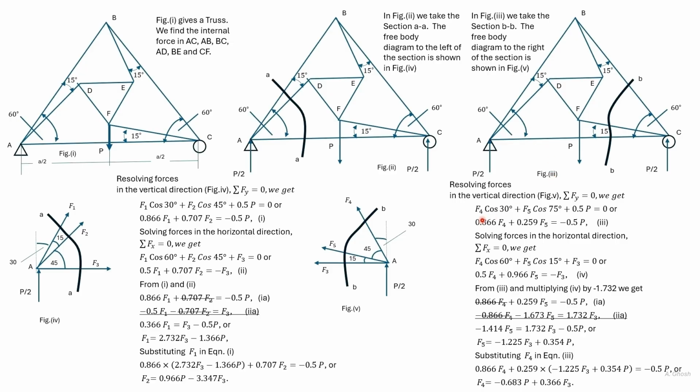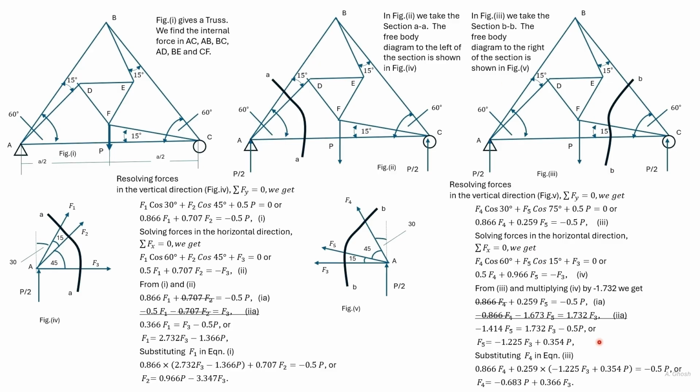Substituting the cos values, we get equation 3 and equation 4. In equation 4, to get the same value of the coefficient of F4 as equation 3, but opposite in sign, we multiply by minus 1.732.